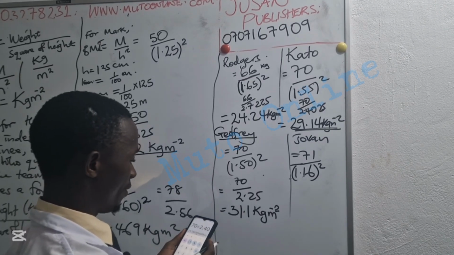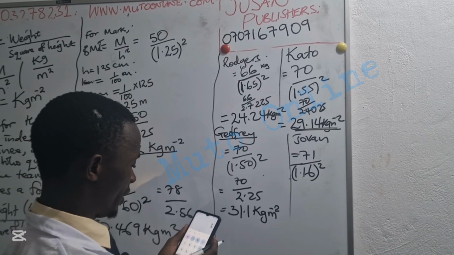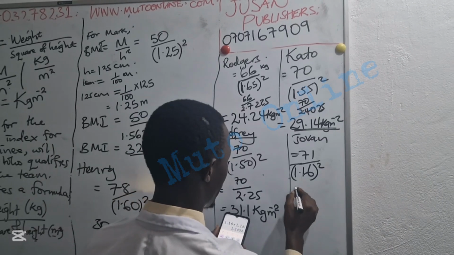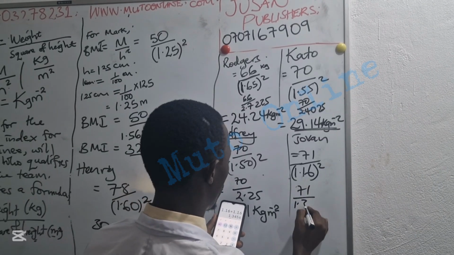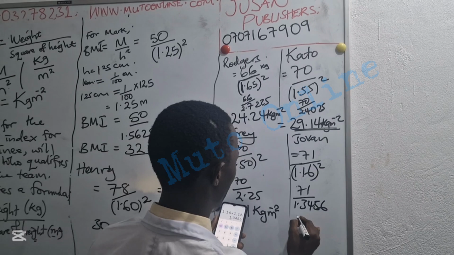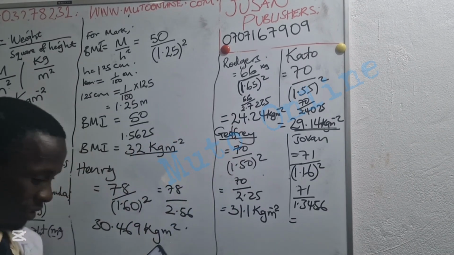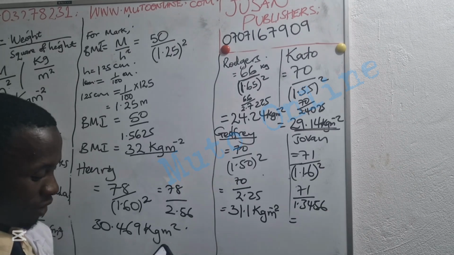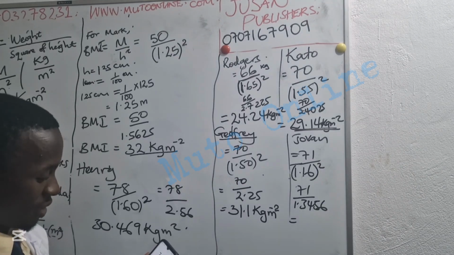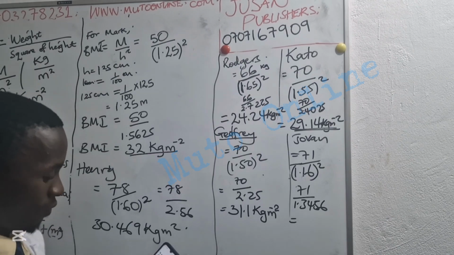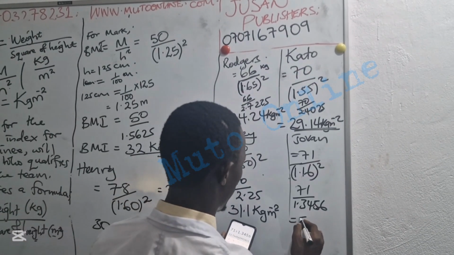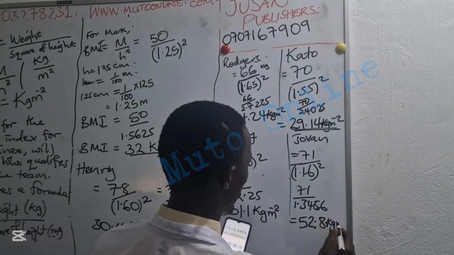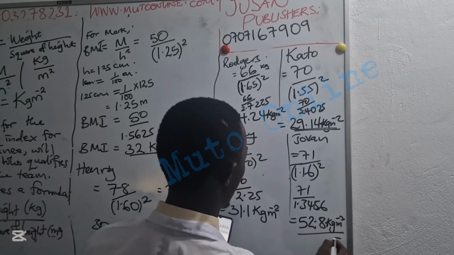So we shall have the square of 1.16 as 1.3456 to have our BMI as, I'm using my old calculator, 71 divided by 1.3456 to have a BMI of 52.8 kilograms per meter squared.